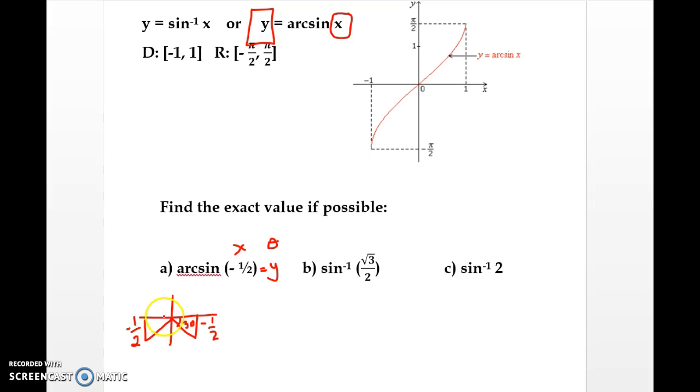Well, the reference angles are 30 degrees, but this total angle here in quadrant 3 is 210 degrees. And this total degrees in quadrant 4 is 330 degrees. And we can write those in radians. So 210 degrees in radians is 7 pi over 6.